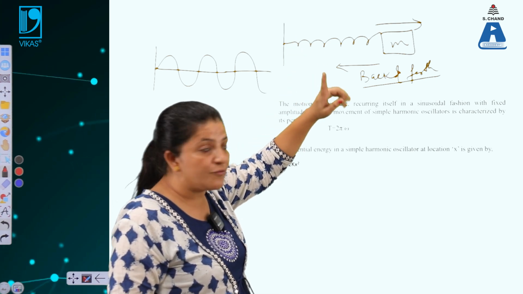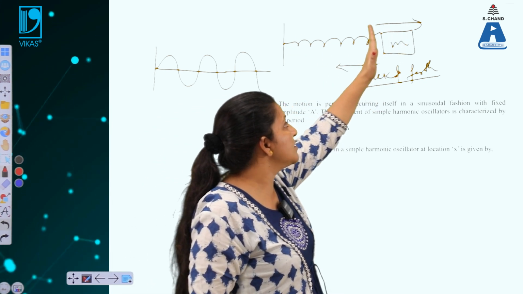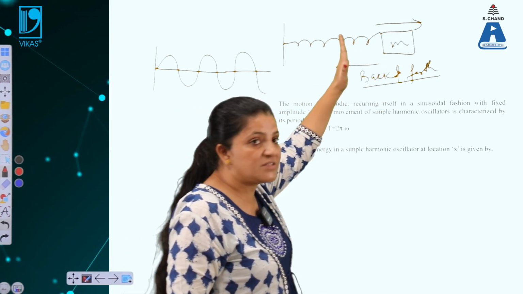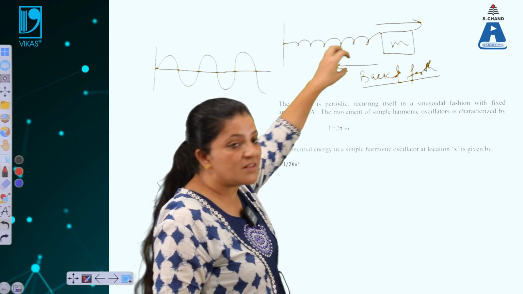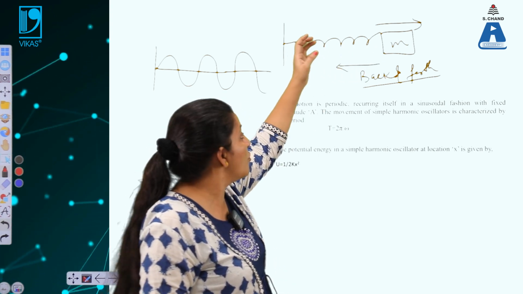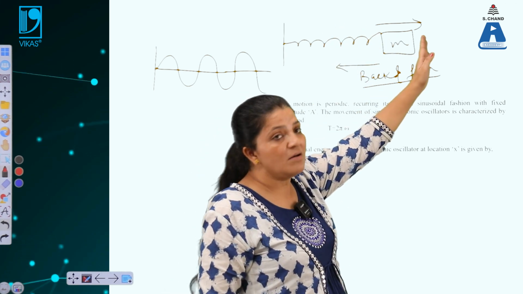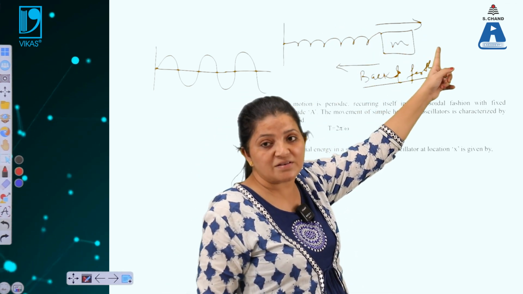Due to the restoring force, the body moves in this direction. Again, the displacement is in this direction and the restoring force acts in the opposite direction, that is, along the positive x-axis.